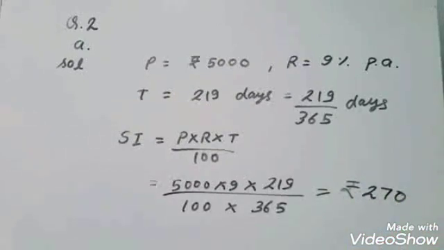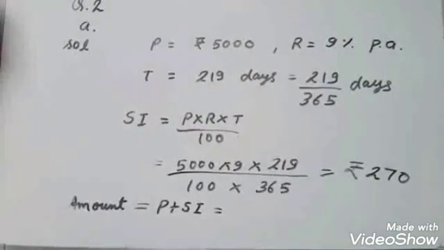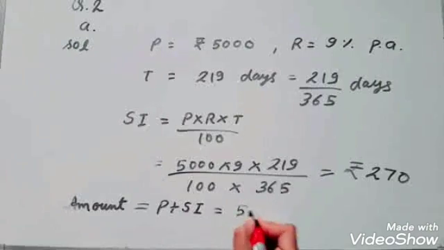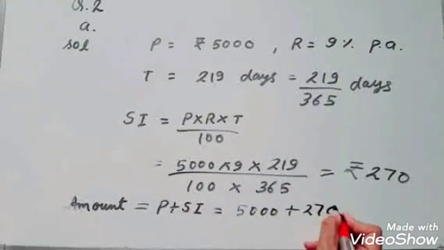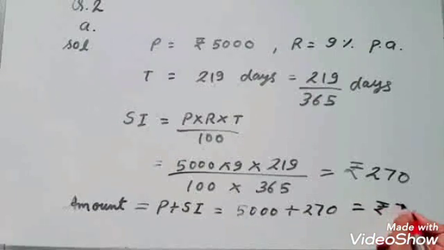Now, it is simple interest and we need to calculate amount. So, for amount, what to do? We have to find the sum of principal and simple interest. What is the principal? 5,000 and simple interest 270. So, amount is 5,270.